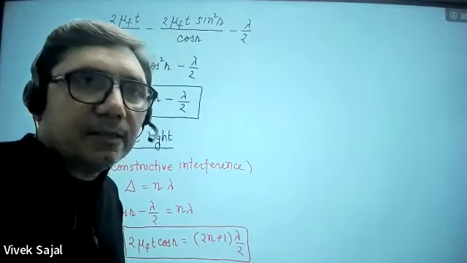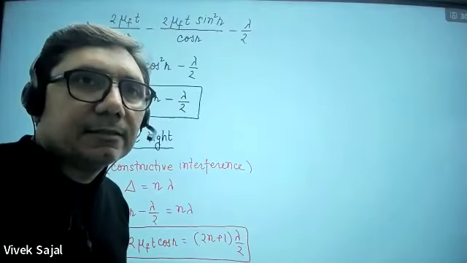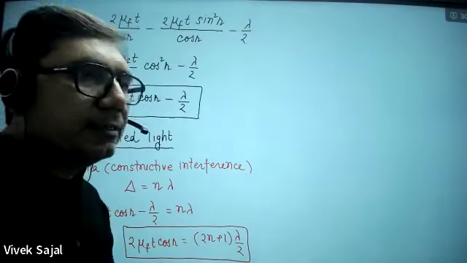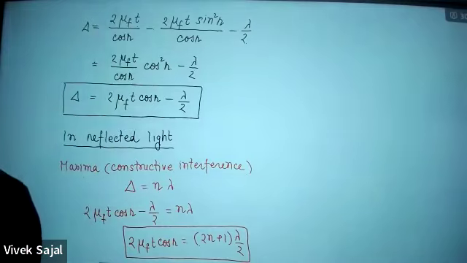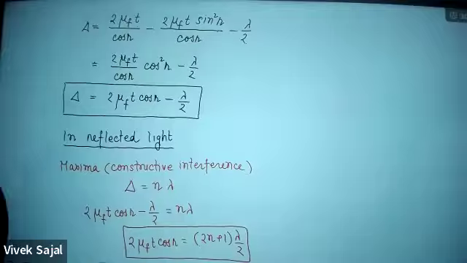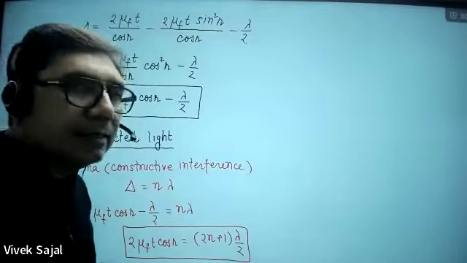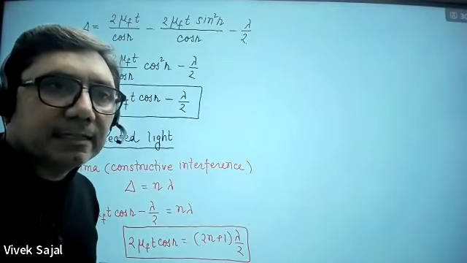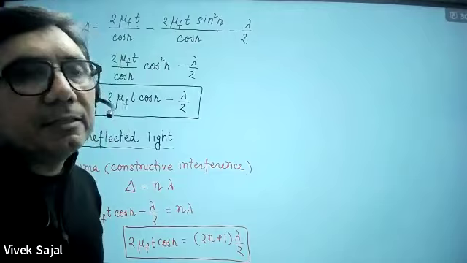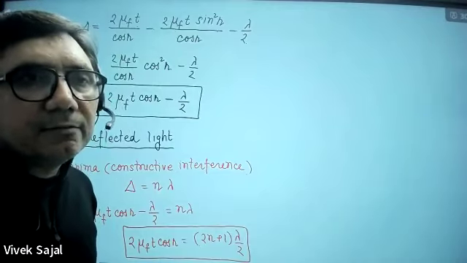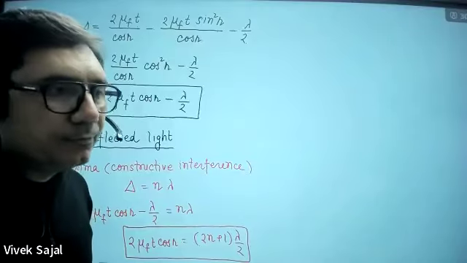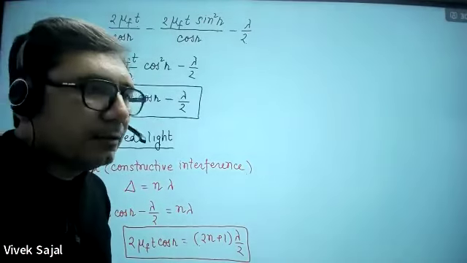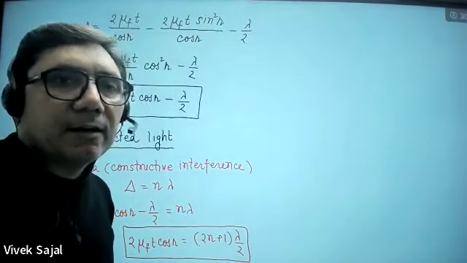Please write: the wavelengths which will satisfy this condition form constructive interference in the reflected light.